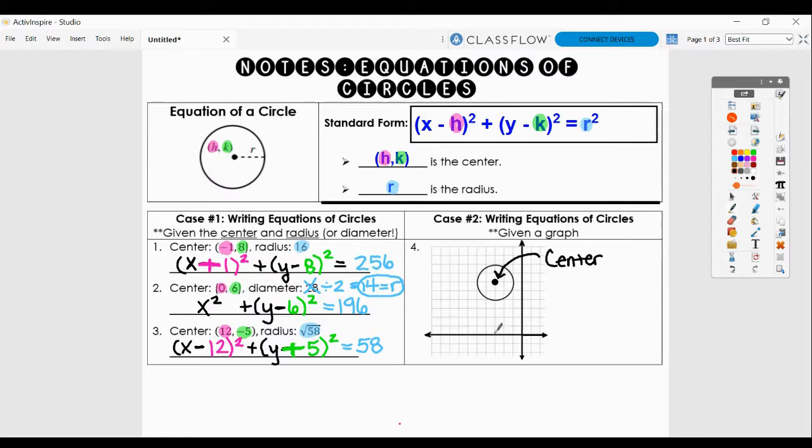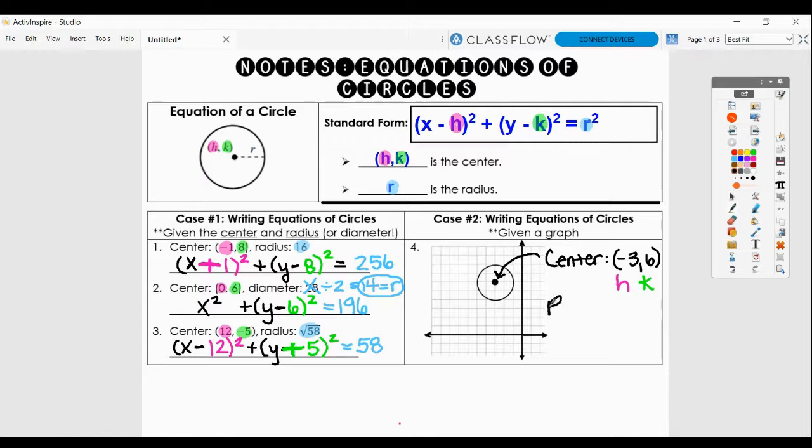So it looks like it's at -3, up 1, 2, 3, 4, 5, 6. So the center is at -3, comma 6. You always put the x value before the y. And because it's the center, our first value is going to be h, and our second value is going to be represented as k.